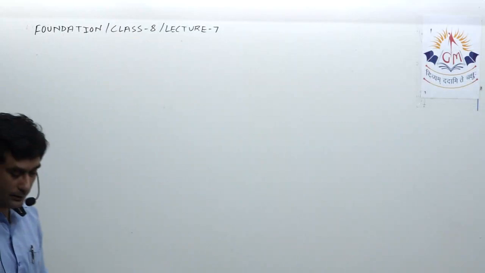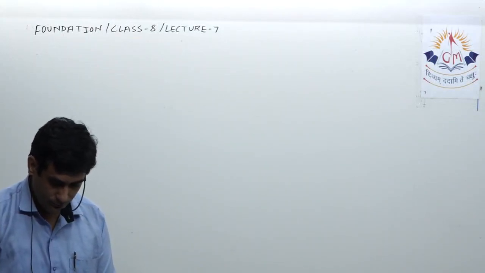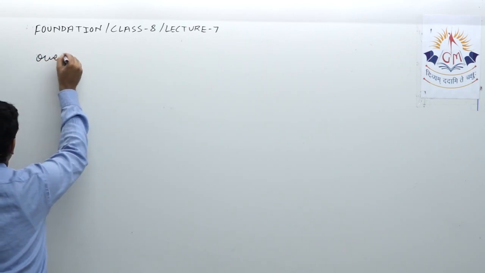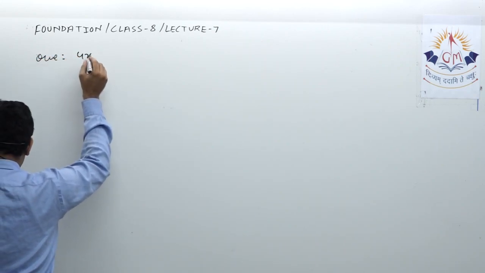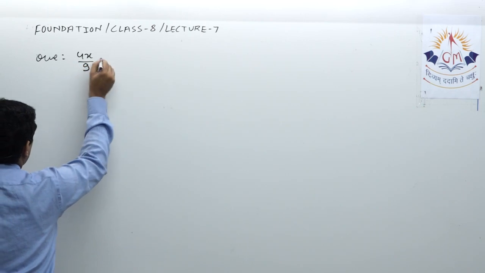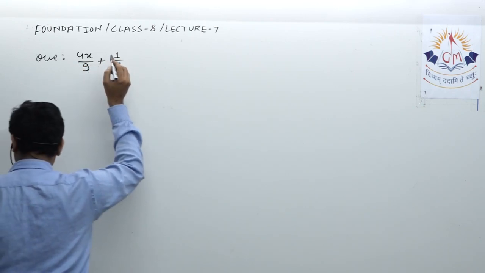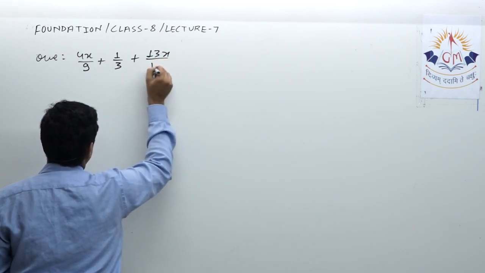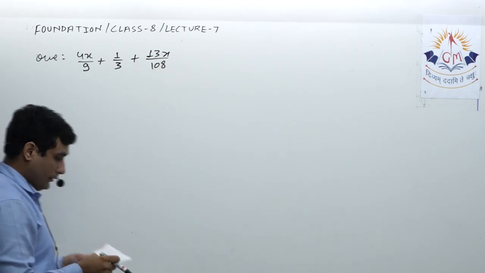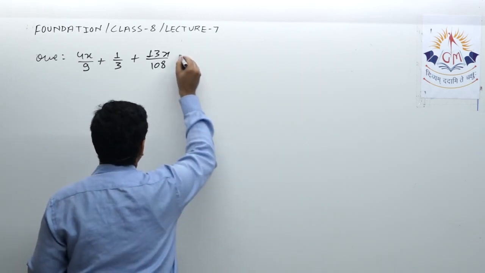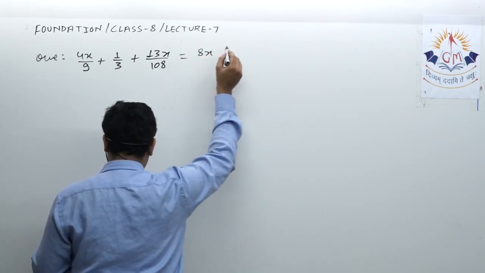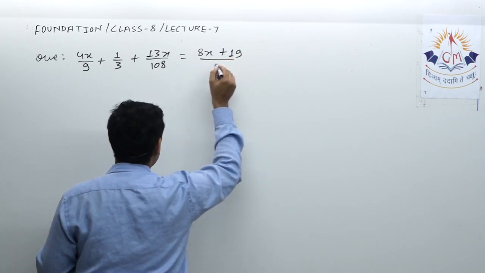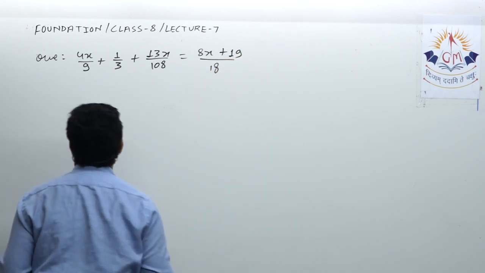Okay, now let us see the next question. 4x upon 9 plus 1 upon 3 plus 13x upon 108 is equal to (8x plus 19) upon 18.